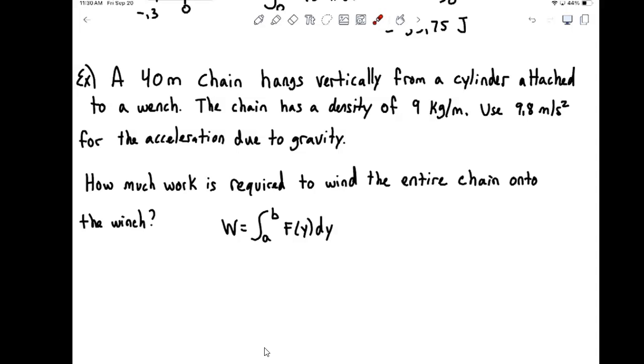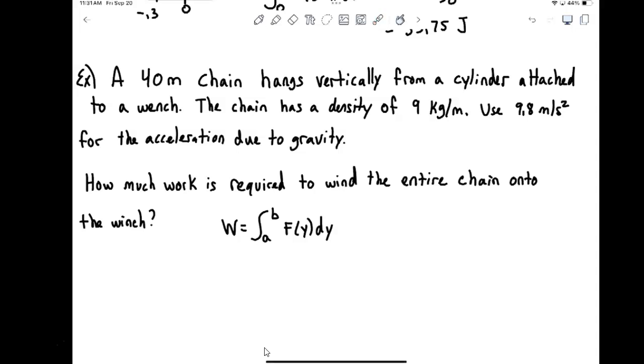But as I wind it up, if I'm halfway through, 20 meters is on the drum, I'm not lifting that 20 meters anymore. I only have 180 kilograms. So the amount of force I have to exert changes depending on how much chain has been wound up. That's the first observation to make.